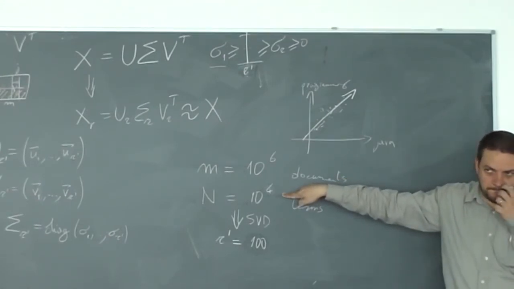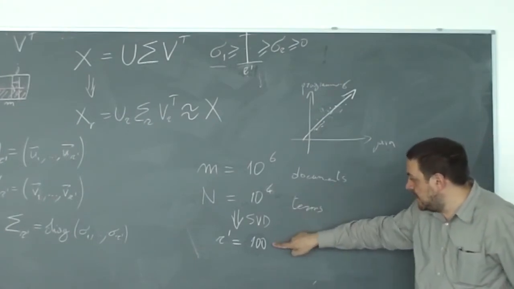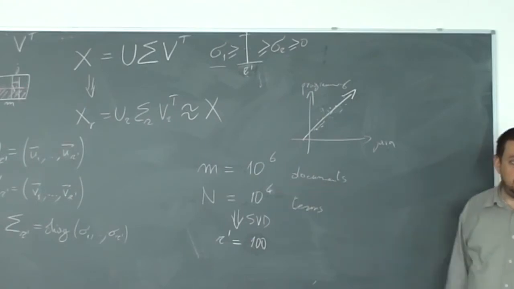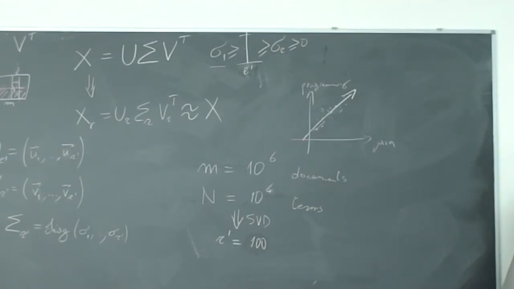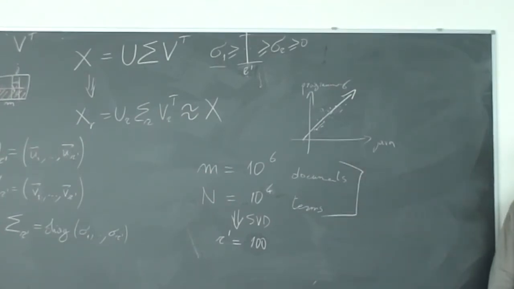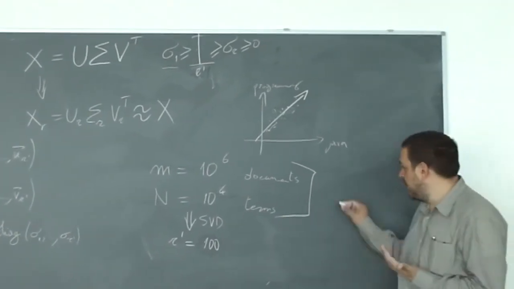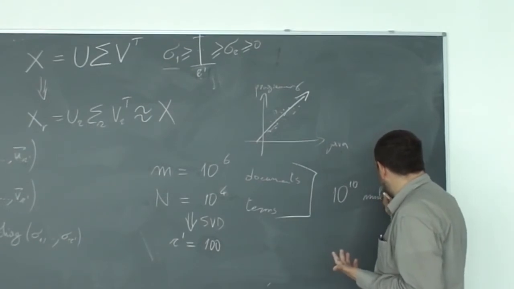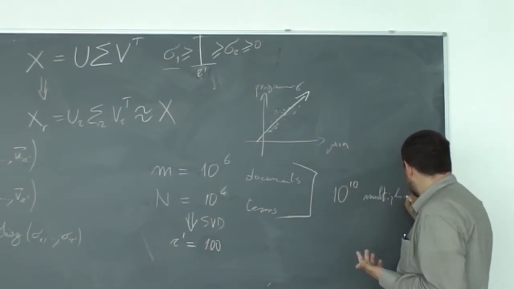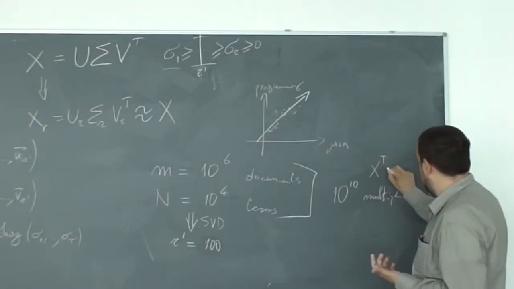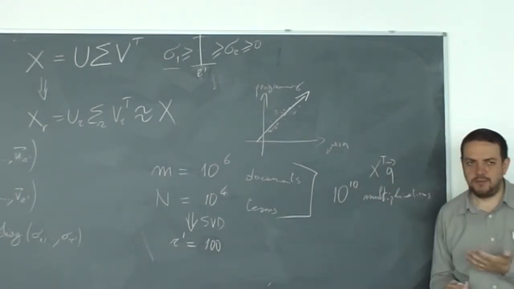So it's actually 100 times 10 to the 4, meaning 10 to the 6, 1 million multiplications. If we keep the data set as it is, we end up with 10 to the 10 multiplications in order to compute X transpose Q for some query.